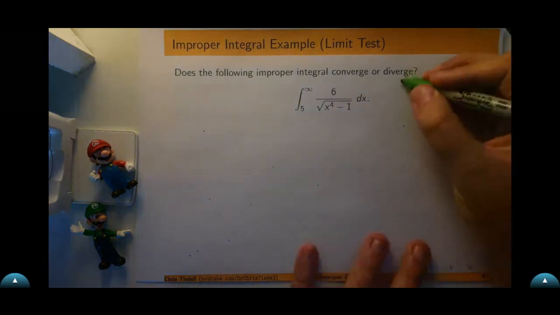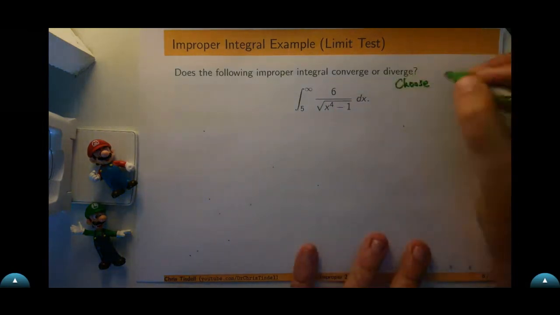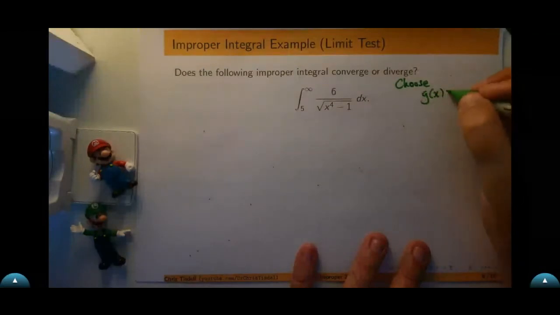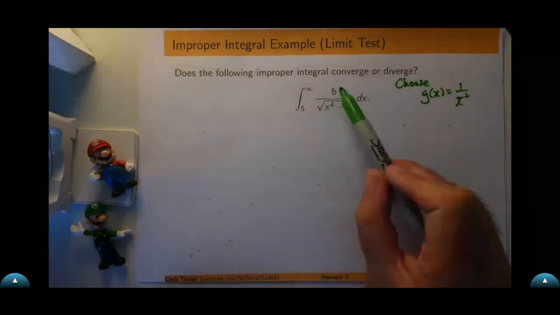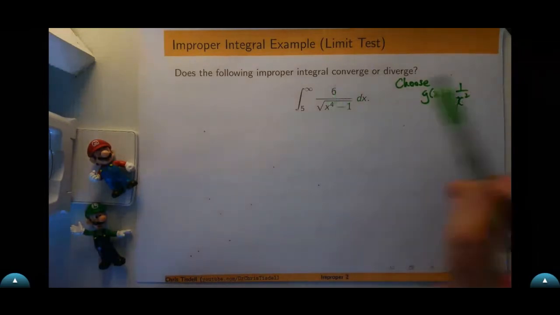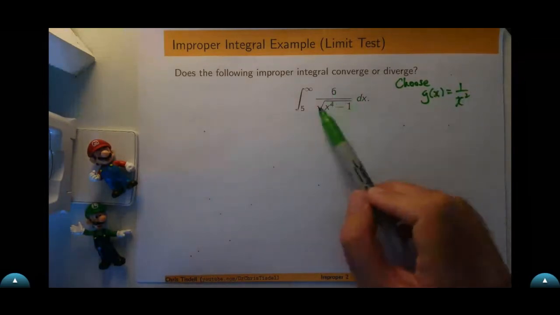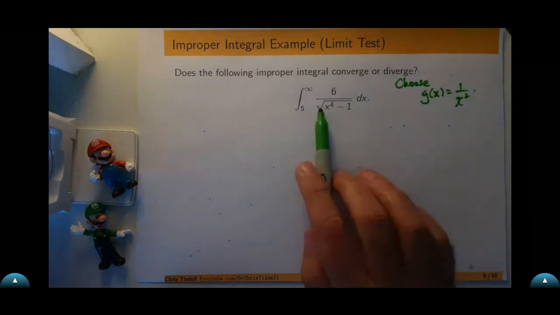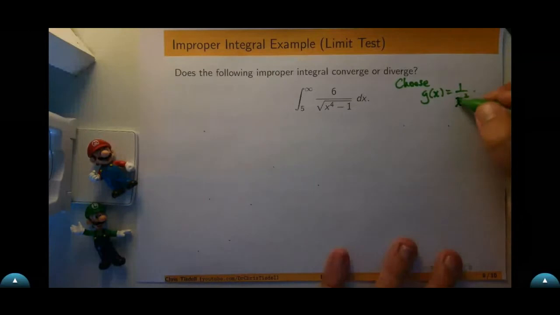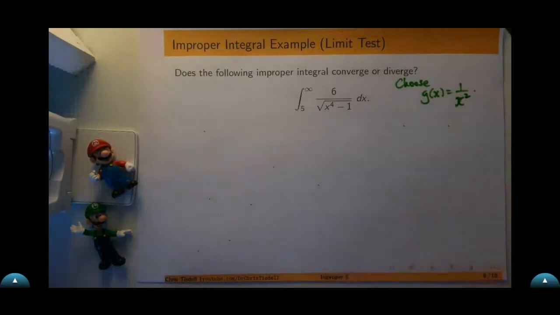So I would choose g of x to be that. The highest power in the numerator is x to the power 0. The highest power in the denominator is essentially x squared, because the power 4 and the square root sign cancel each other out in some sense. Okay, so let's have a look.